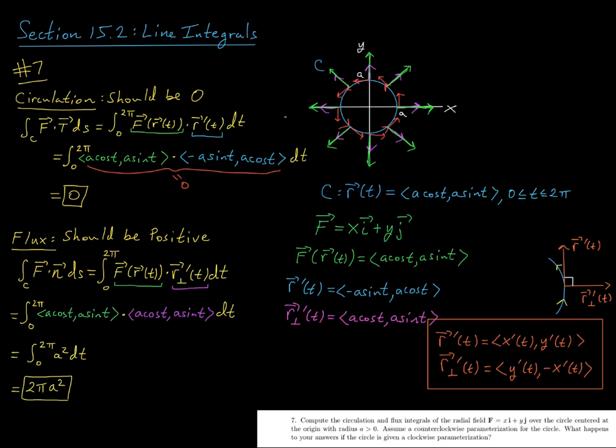Also, in the last video, we said that if you think about your vector field as, say, describing the flow of a fluid through some region, okay, then we're asking for circulation, right? How much of that flow is along the curve C, or in other words, how much of it is tangential to the curve C? Well, with our field here being radial, none of the flow is tangential in this case, so 0 circulation.